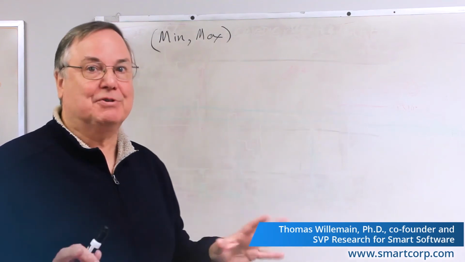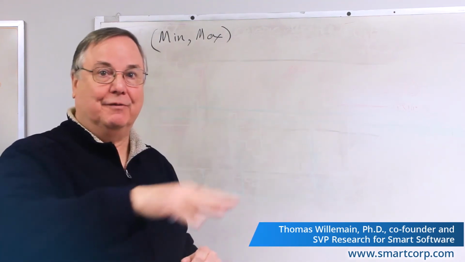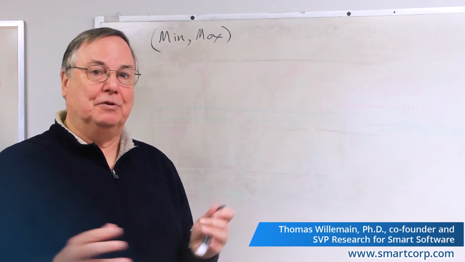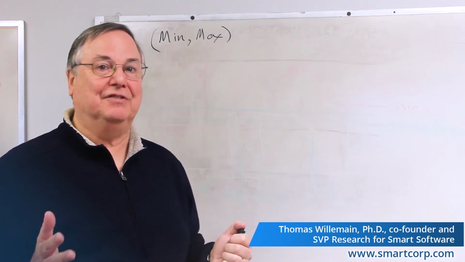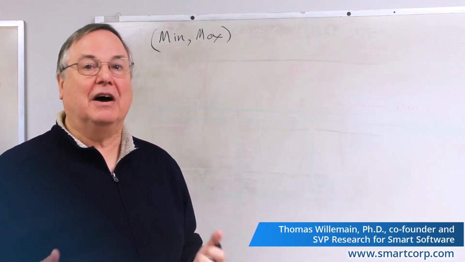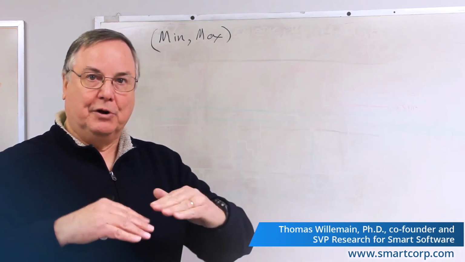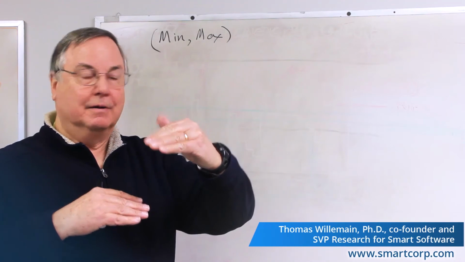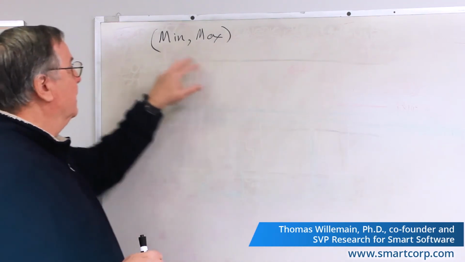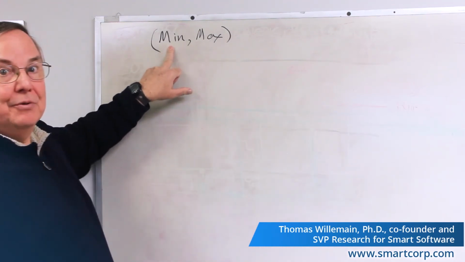So we'll make the same sort of picture of the dynamics of inventory versus time, and we'll just show how it's different in one detail. And that detail is how much you order. With the RQ, there was a reorder point and a fixed order quantity. With the min-max system, the min is the same as the reorder point.